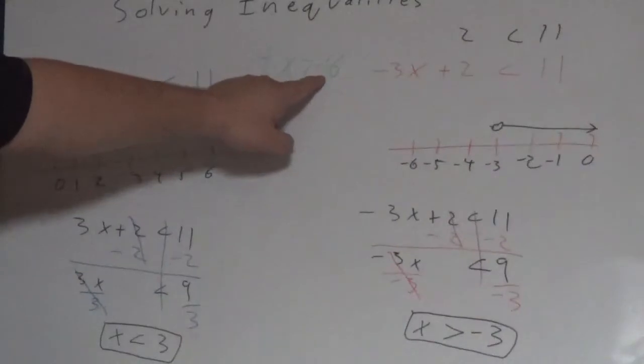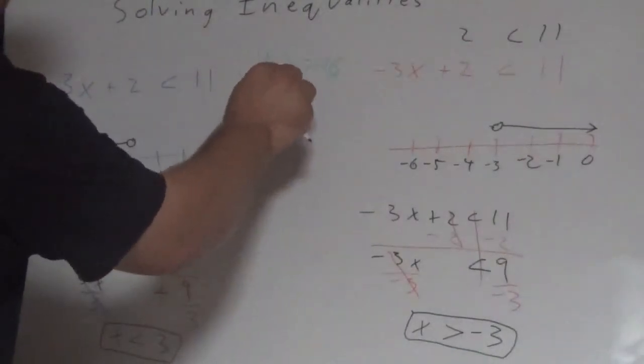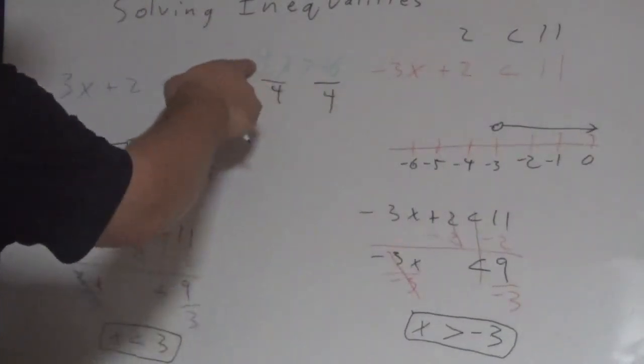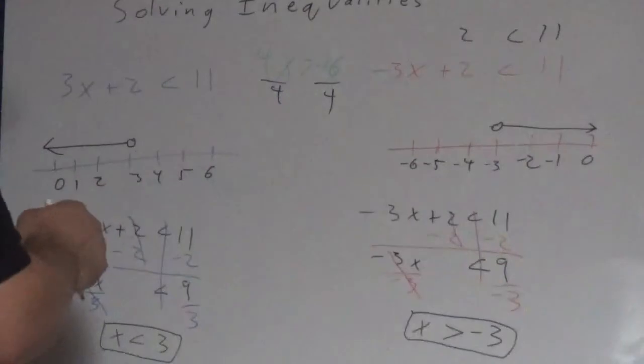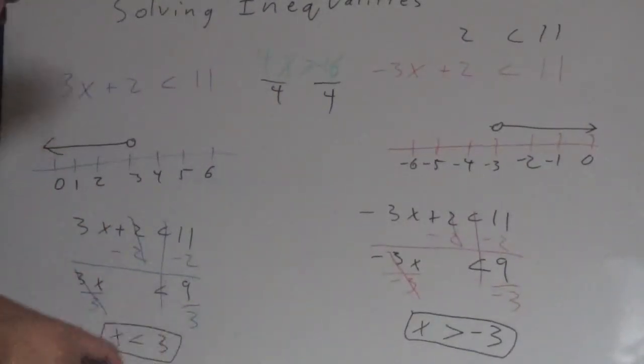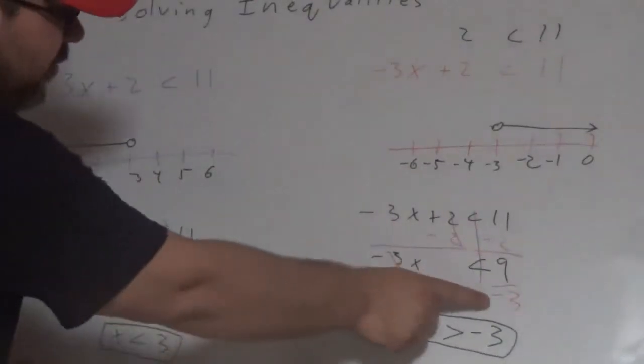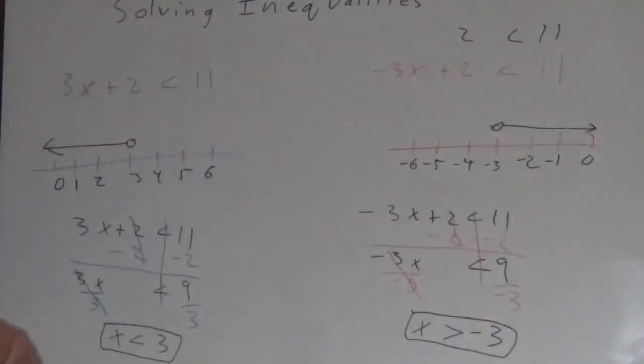See, negative 16 is a negative, but we're not flipping it, because when we divide, we are dividing by a positive, not a negative. So you would not flip in that situation. You only flip the sign when you are dividing by a negative or multiplying by a negative.